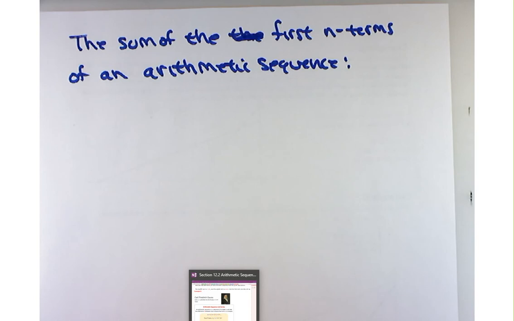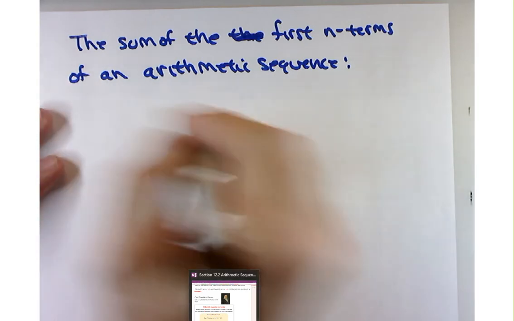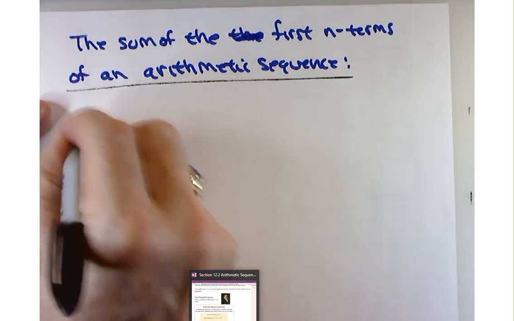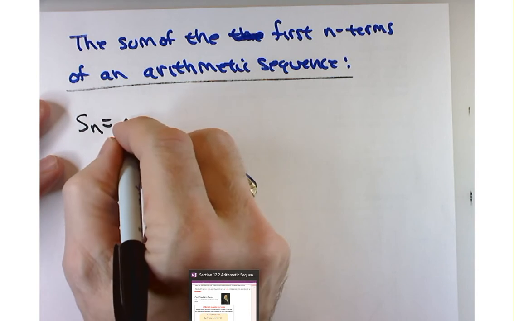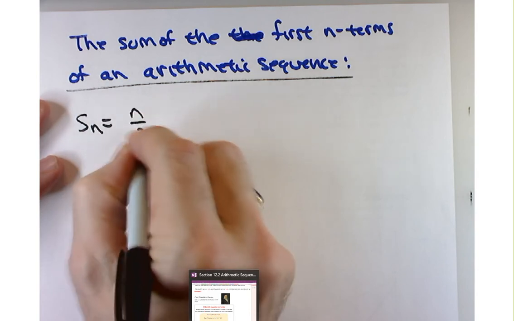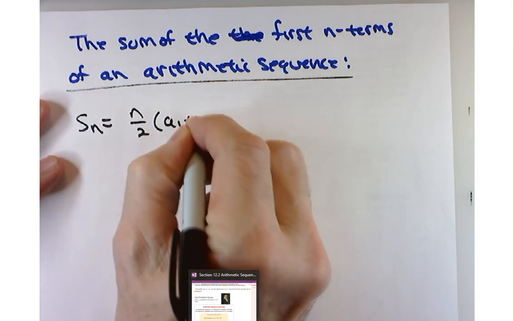It just depends on what you know. So first of all, I'm going to call it S sub n. S sub n is going to be n over 2 times a sub 1 plus a sub n.